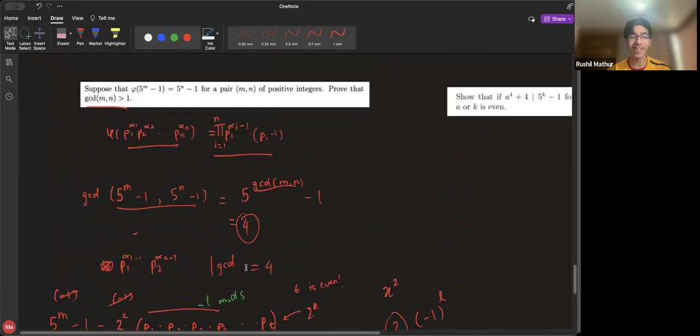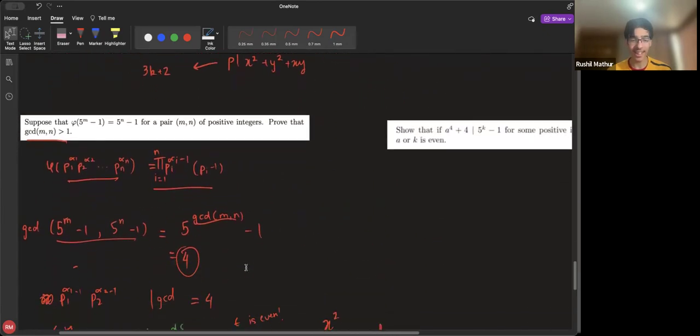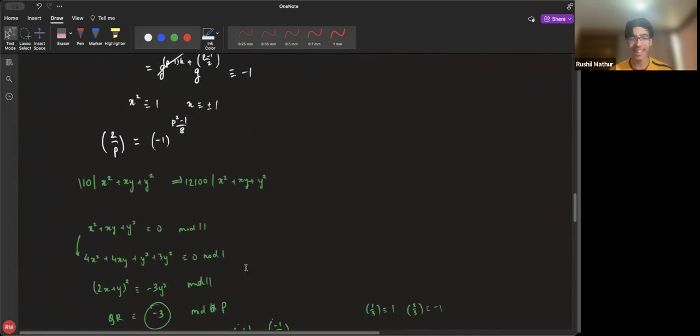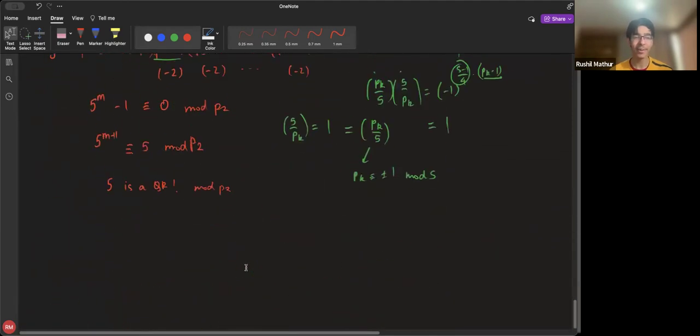So this is one of the more unexpected applications of QR, I will agree. Usually you can see QRs coming from a mile away. I had a problem on my mocks which was something like x squared minus 4 times y squared minus 4 minus 12 is z squared, where x, y, z are, I think, positive integers. This sort of problem you can see a mile away. Surely there'll be some QRs hidden here.